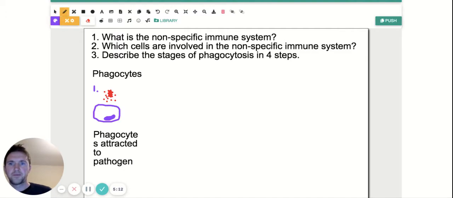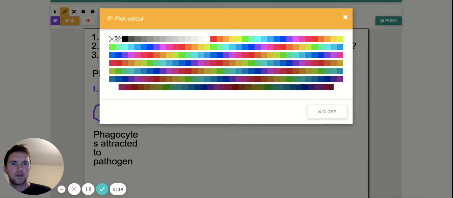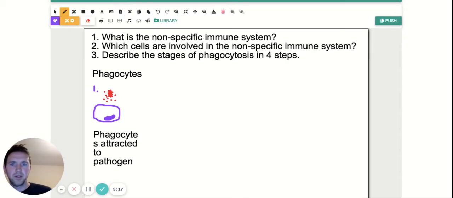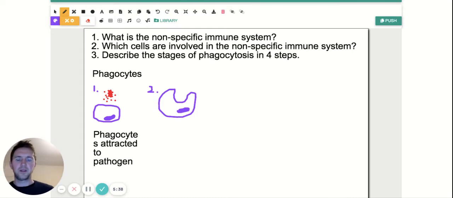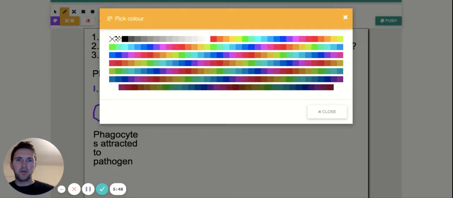Step 2. What do they do when they reach the pathogen? Well, their cell surface membrane surrounds that pathogen. Note the nucleus again, this globular nucleus in phagocytes that you'll notice. No one knows quite why it's that globular shape, but it's quite a clear characteristic of them. Let's add a pathogen.